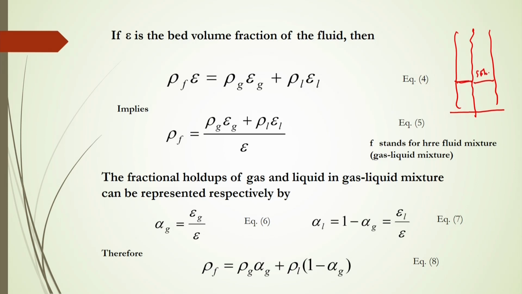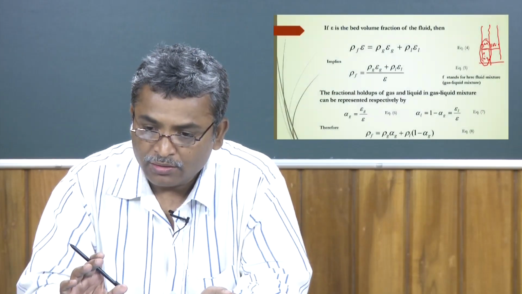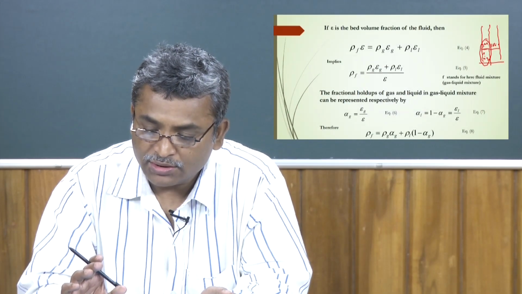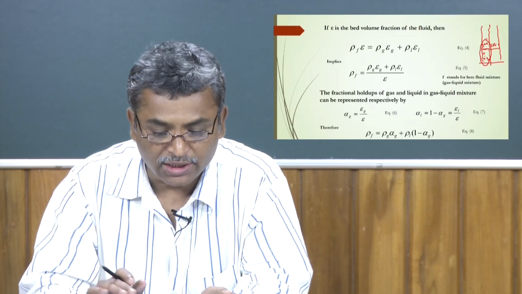If we consider only this gas and liquid, what should be the void fraction of this gas and liquid? That means, what should be the volume occupied by this gas and liquid.